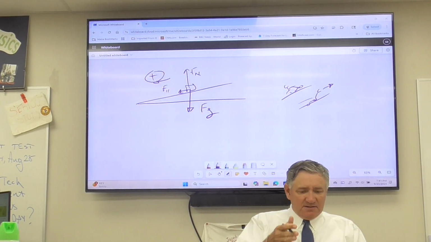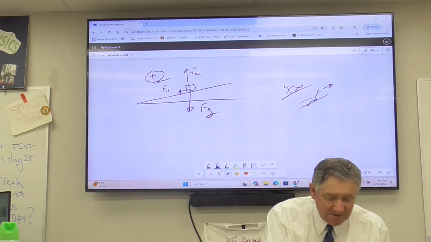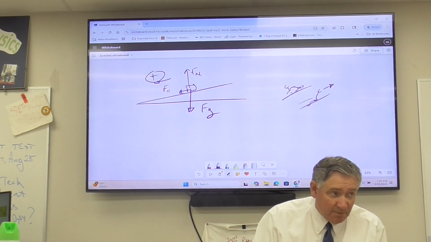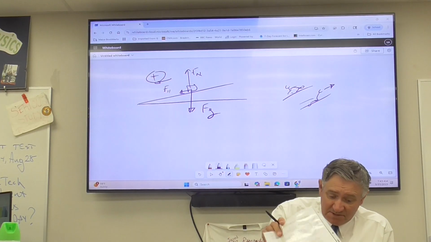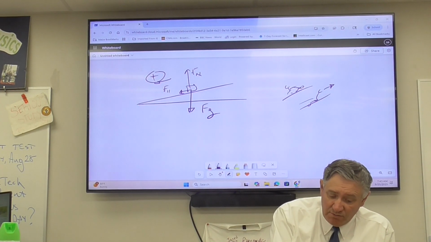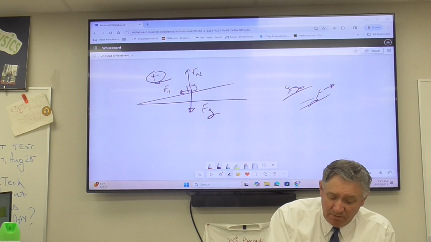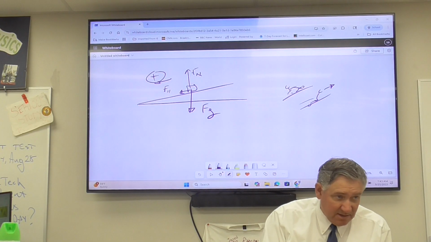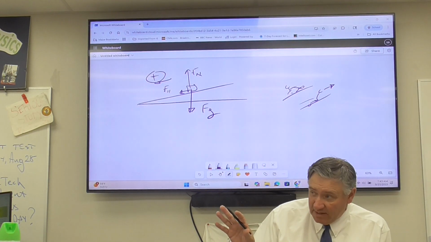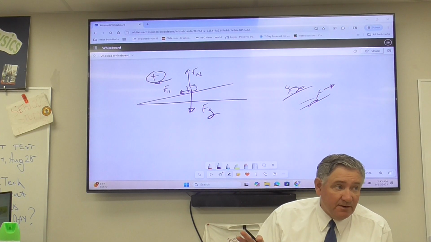But how you define the system is going to determine everything else you do all the way through number 8. Once you establish that system on number 4, you have to use that same system all the way through number 8, because it's all building off the same problem. There's no right or wrong answer, just pick one.